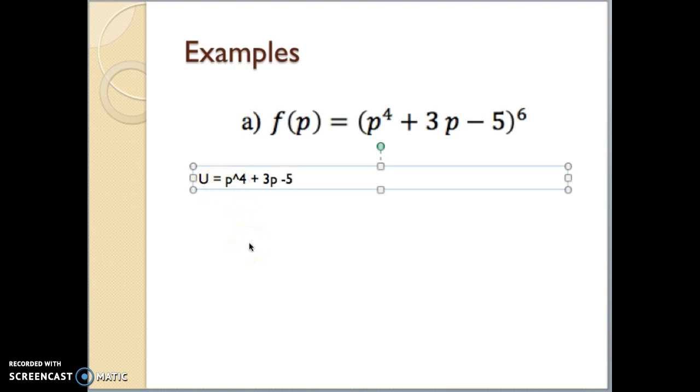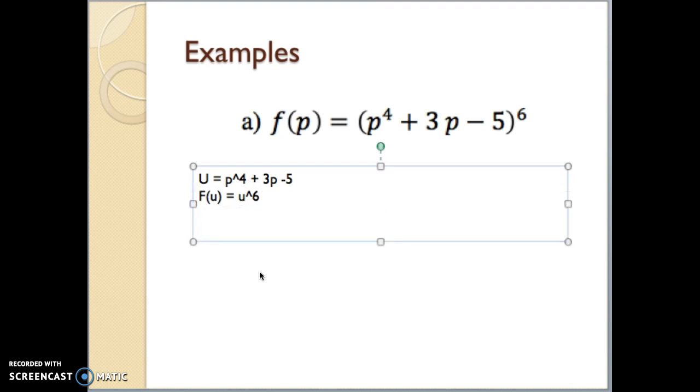So that's my inside function. And that means that I now have f of u is equal to u raised to the 6th power, because after I've replaced the inside piece, I just get a u raised to the 6th power left.